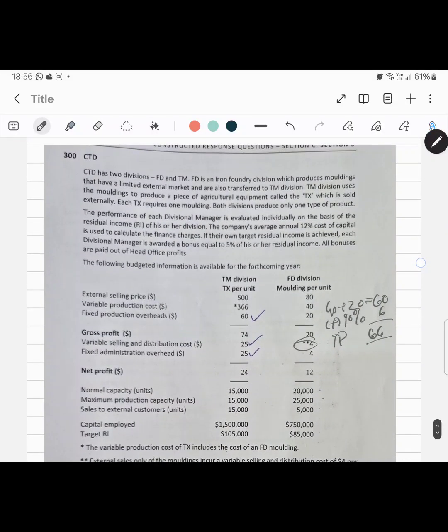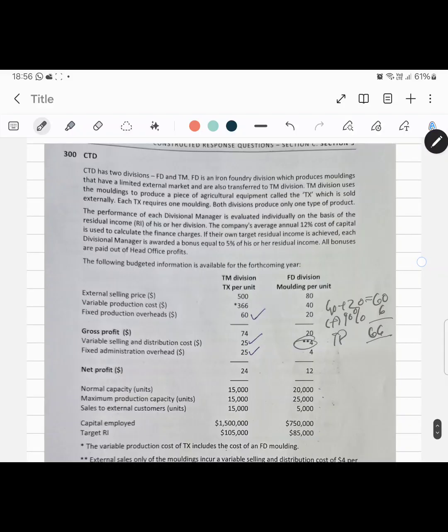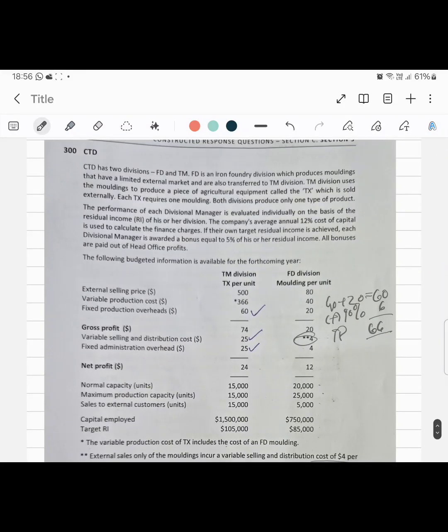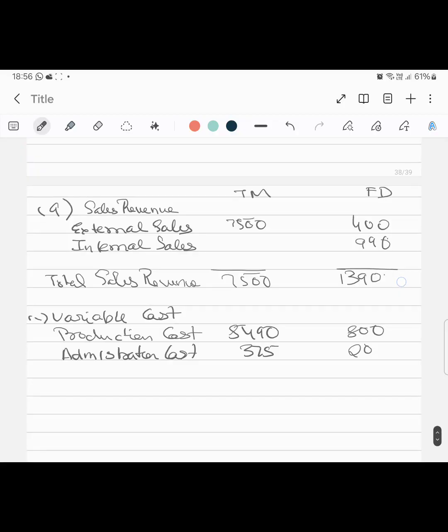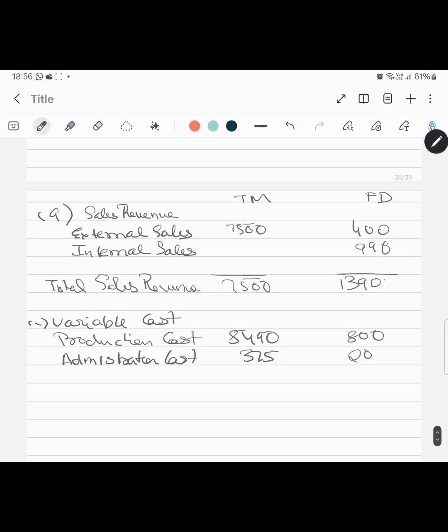Okay, sorry, I'm not doing selling and distribution right now. I was calculating the production cost. Let me see, what did I calculate? Yeah, okay, I've done it correctly. So the variable cost is done. Now I will concentrate on fixed cost.